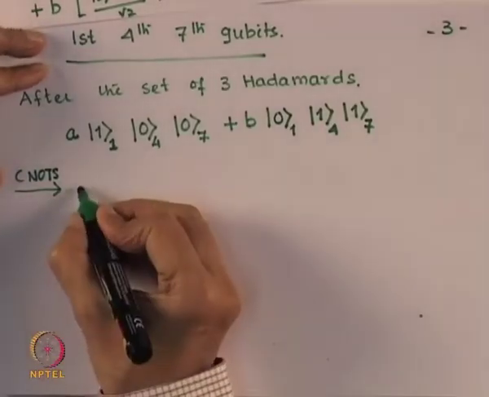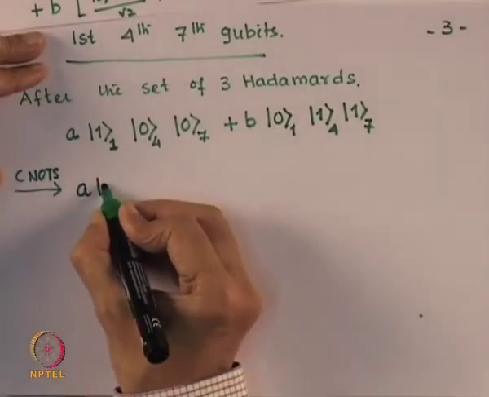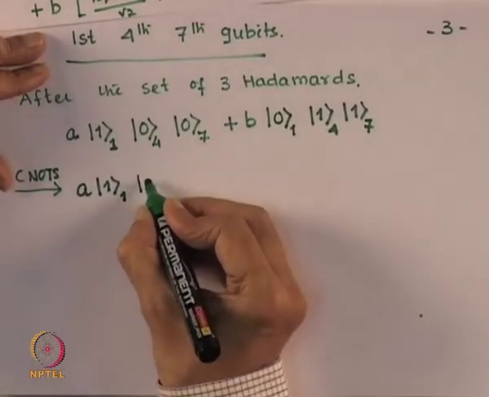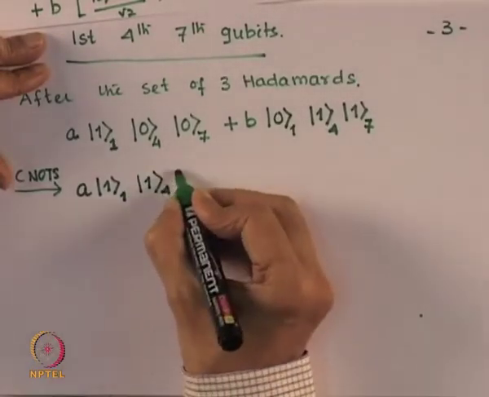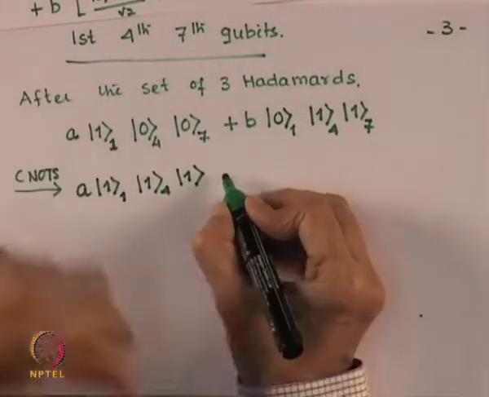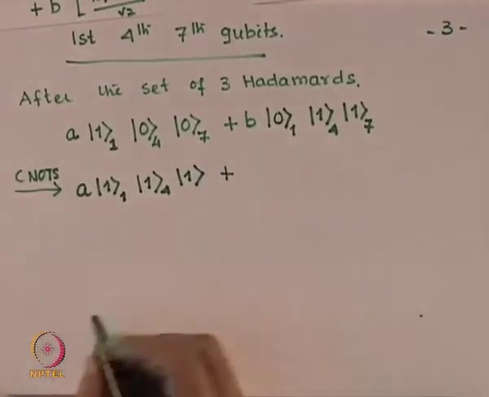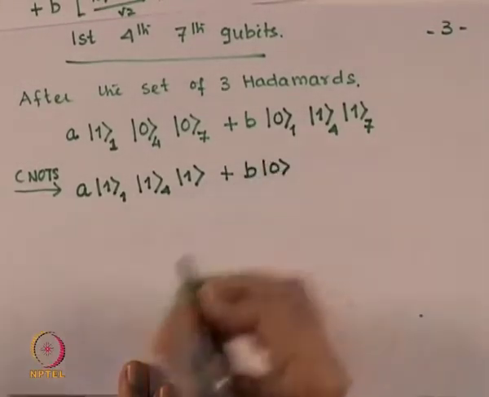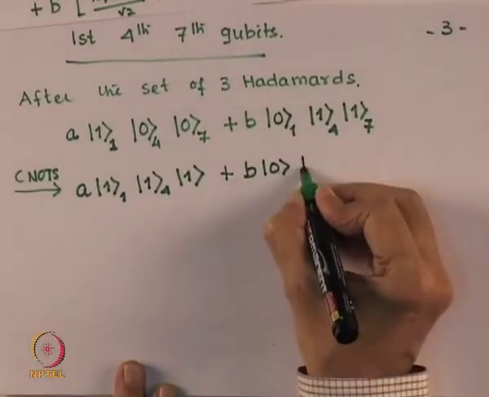Now that gives you a 1. Since the control is 1, this 0 becomes a 1 and this 0 also becomes a 1. Plus B times, this is a 0 and this also remains 1, 1.